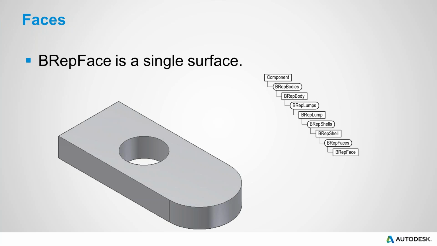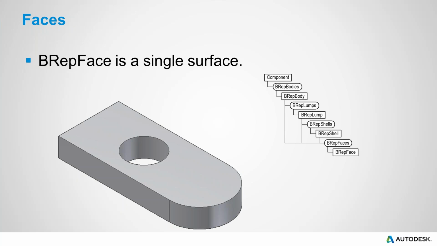A face is always just a face, so it doesn't matter what shape the model is. That top face we're looking at is a plane, but it's represented by a BREP face. And that cylinder hole that cuts through there is a BREP face too. It happens to be a cylinder, but it doesn't matter what the shape is, everything is represented by a BREP face.